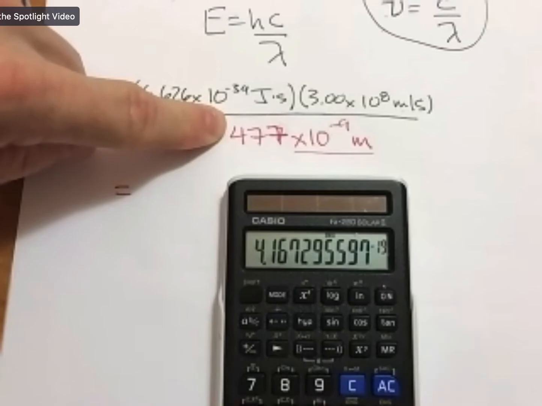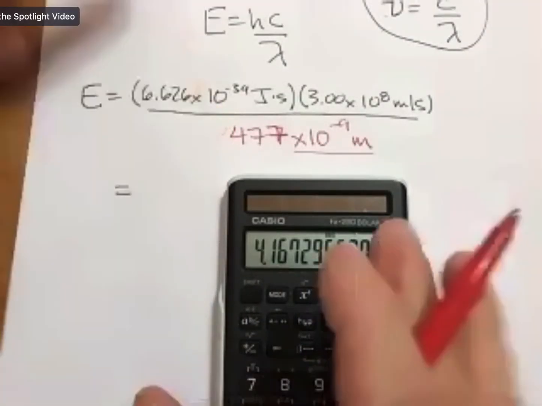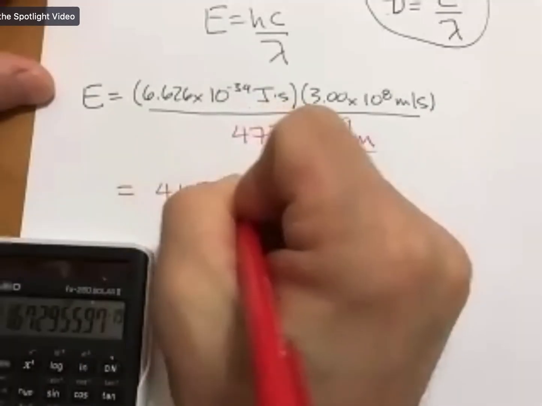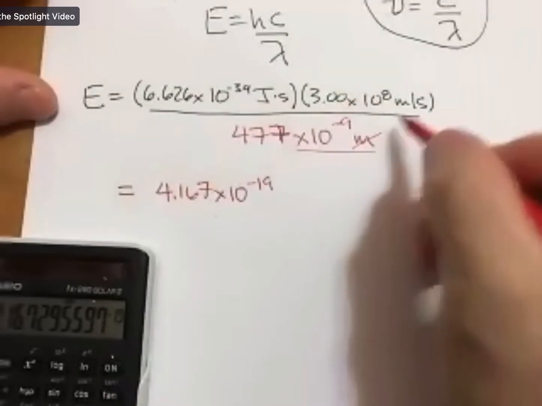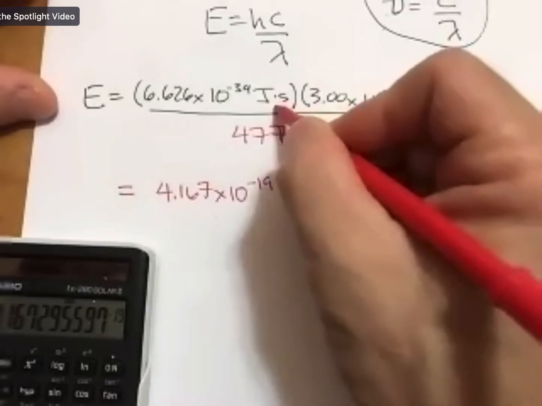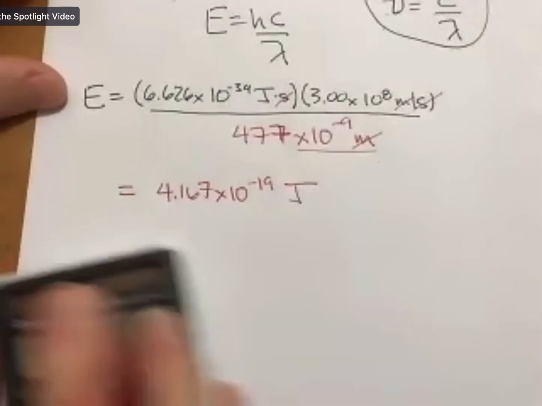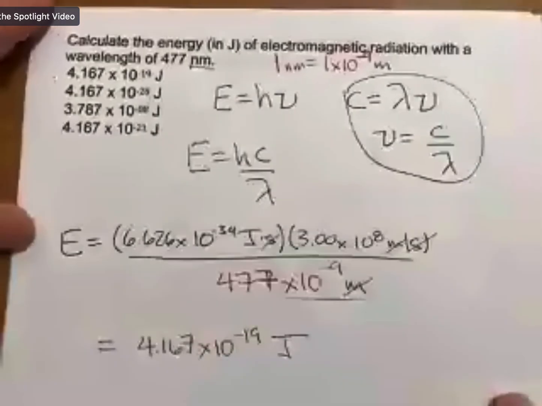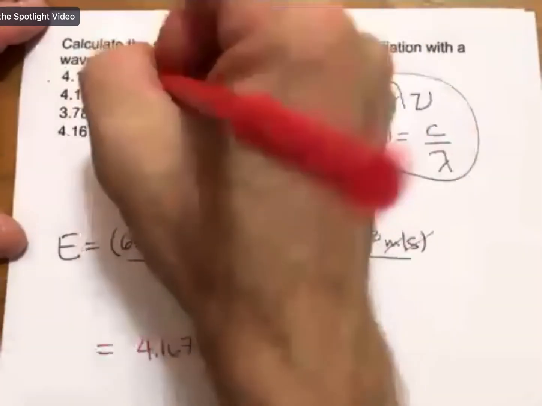And if you do that, you get 4.167 times 10 to the minus 19. And my meters cancel, my seconds cancel, and I'm left with just joules. And this is one of those, thankfully, multiple choice questions. And it looks like my answer is going to be times 10 to the minus 19 joules.